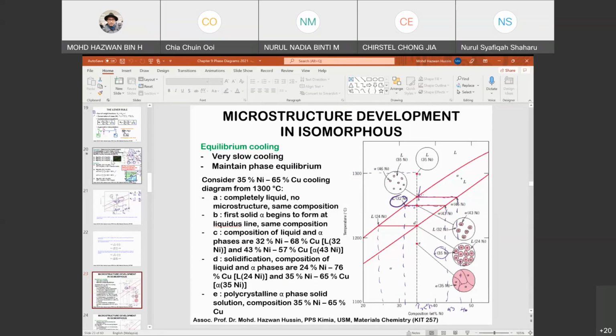For equilibrium cooling, it will be a very slow cooling. After you melt the elements and mix them together, the element will solidify naturally. There are no other tools introduced to facilitate the cooling process. Then the phase will be maintained as in equilibrium, right?